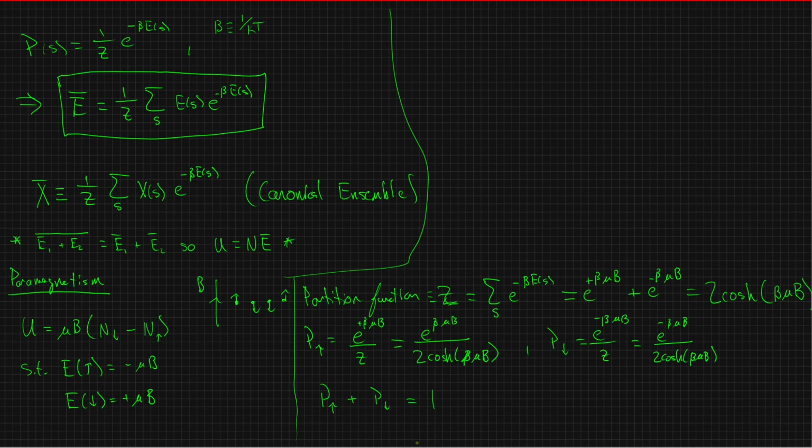Okay, so let's keep all that in mind. And let's bring it over here. So let's calculate the average energy of the system, which we had actually calculated before. So this is just going to be, as we just said, we'll just sum over all the energy states and weight them by the probabilities. And so that'll just be minus mu B times the probability of up plus mu B times the probability of down.